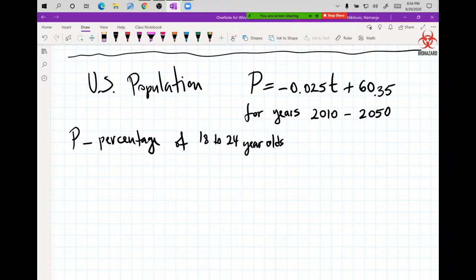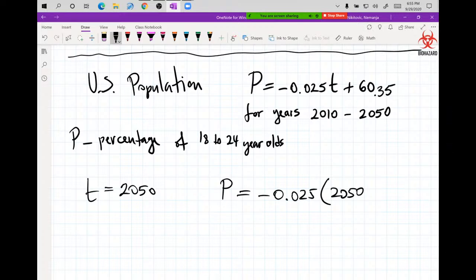Okay. So if time is 2050, then we are going to plug that value. P equals, percentage equals, there we go, negative 0.025, and then you put your 2050 over here, and then you add 60.35.